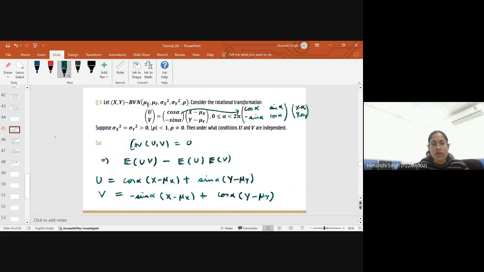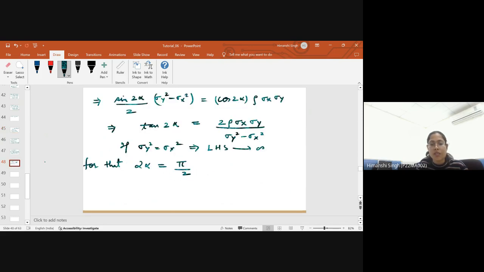Because here they are saying that alpha is between 0 and 2 pi, and in that range, pi by 2 is where the tan becomes infinite. So 2 alpha should be equal to pi by 2, which implies that alpha should be equal to pi by 4. This is the necessary condition for u and v to be independent.